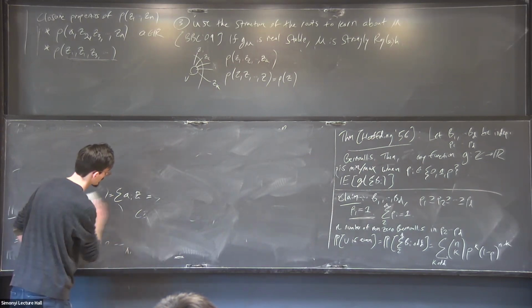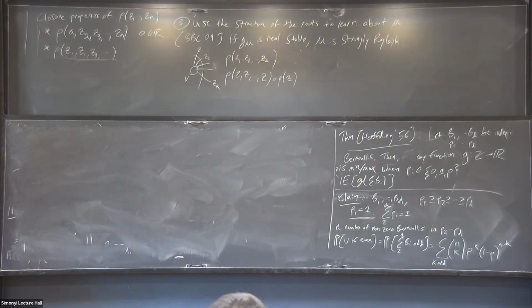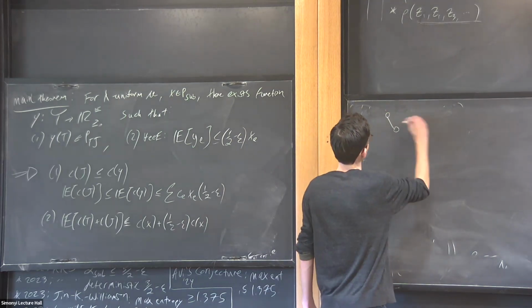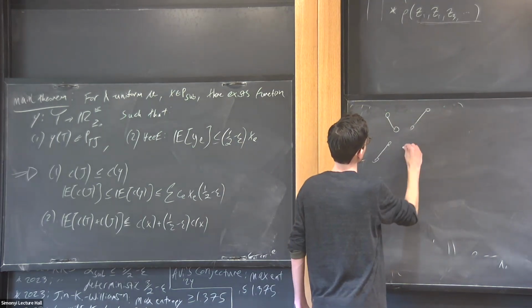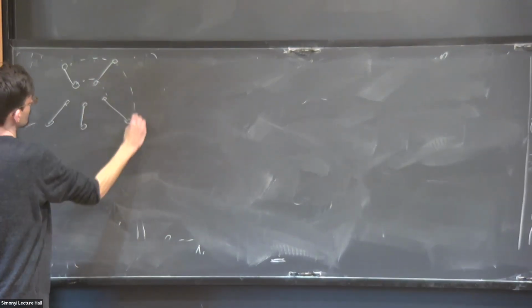Okay, and it turns out that what's going to be very relevant to proving this theorem is the small cuts of the support graph of x. So let's look at some example LP solution.